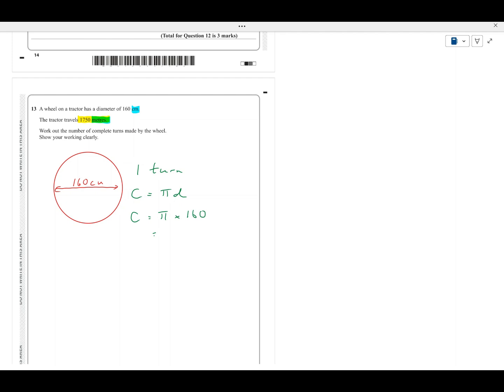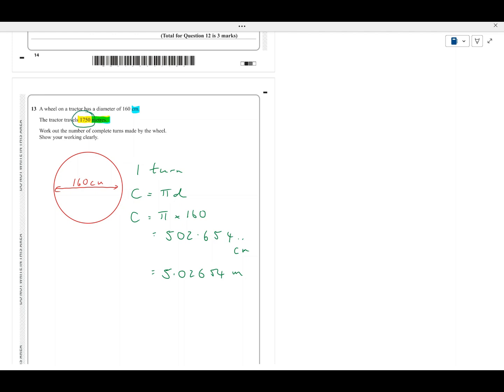160 times pi equals 502.654. Well, that's going to be enough decimal places. Now that's how far it goes with one revolution, one complete turn, in centimeters. Let's change this to meters. 5.02654. It goes that many meters with one revolution.